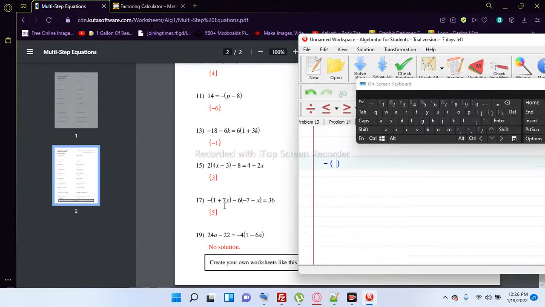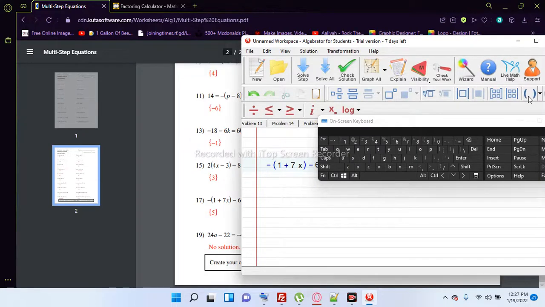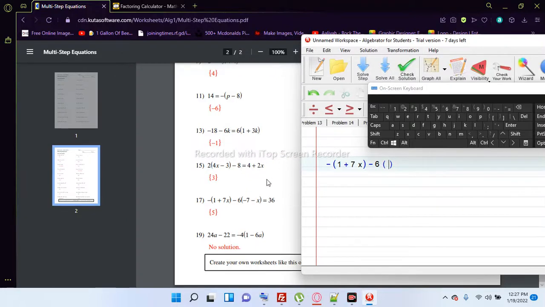Negative 1, parentheses, 1 plus 7x. Inside the parentheses. Outside of the parentheses you get negative 6. Now she wants parentheses again, so you scroll back over and click on parentheses right here. Now it'd be negative 7 minus x.